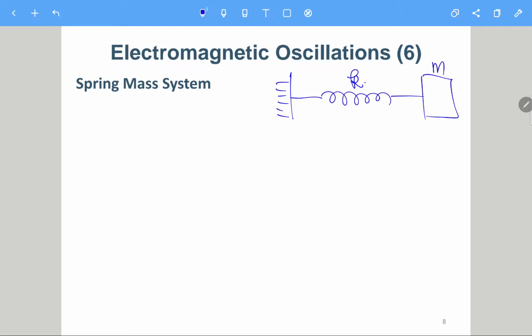This is the reference point, and if it moves to x on the right side, then there will be a force, F equals minus kx. As the force points this way, there will be acceleration for this mass, right?